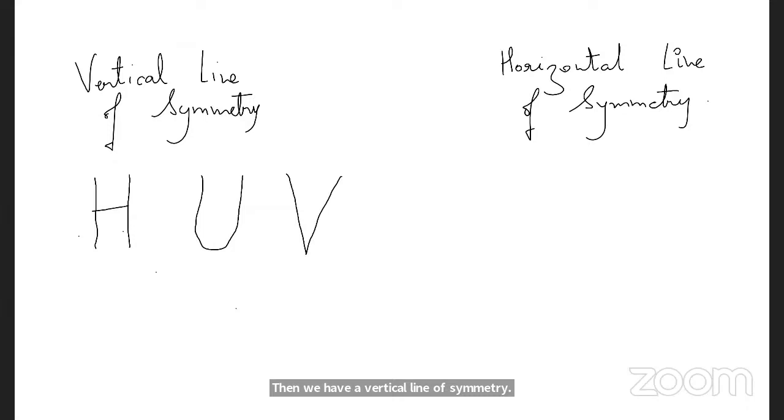So W, T, A, M, Z. Okay. So all these alphabets are divided vertically through a line of symmetry.